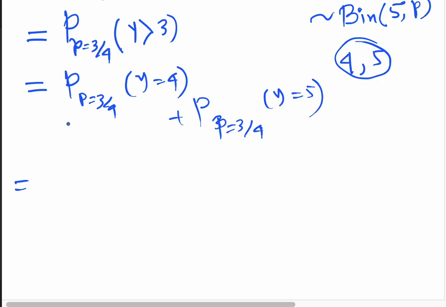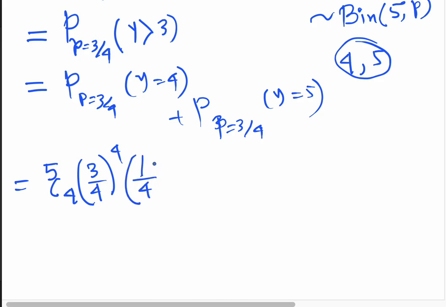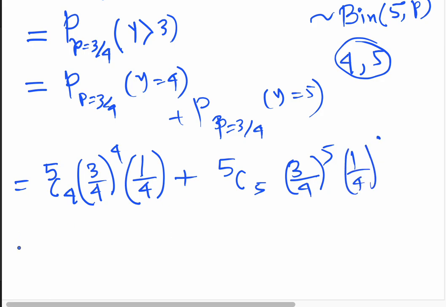According to the binomial distribution, this is 5C4 times (3/4) to the power 4 times (1 minus 3/4, which is 1/4) to the power 5 minus 4, which is 1, plus 5C5 times (3/4)^5 times (1/4) to the power 0.